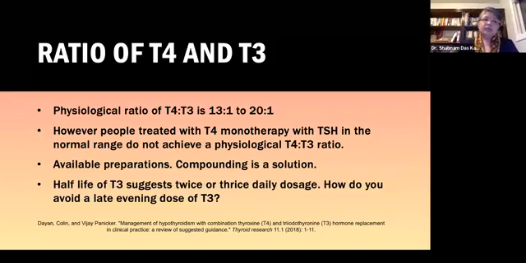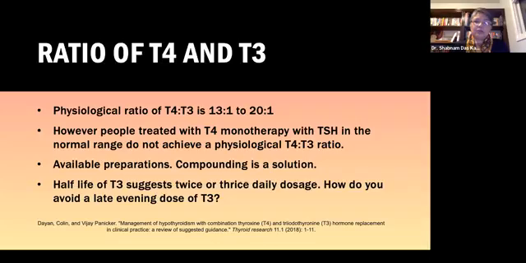The other thing is when you're giving them a T3, T4 combination. Now, T4 has a long enough half-life, so once daily dosage is absolutely fine. But T3 has a shorter half-life, and it might usually need twice daily, thrice is not common. So how do you avoid giving them a late night dosage of T3?